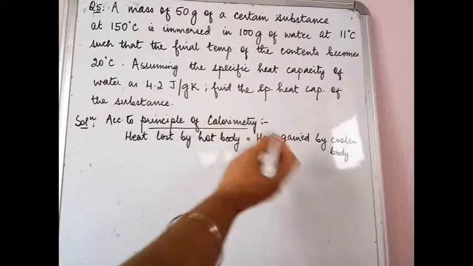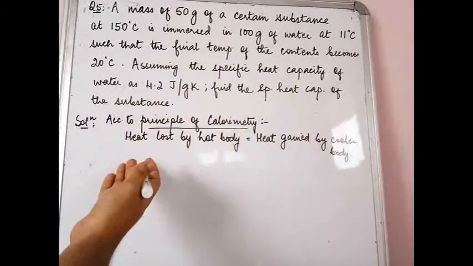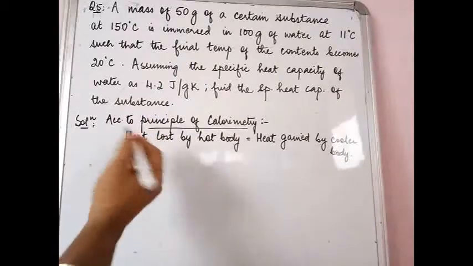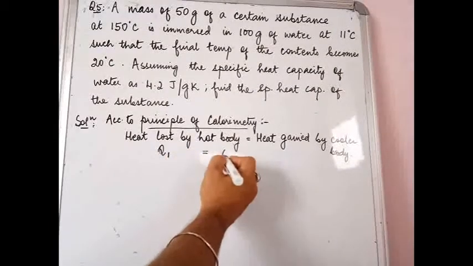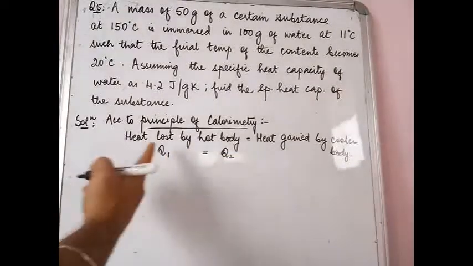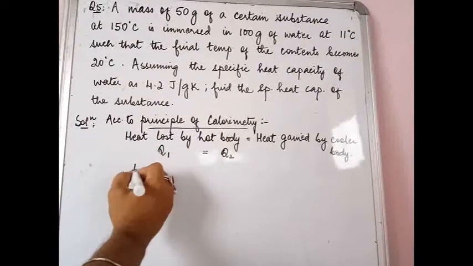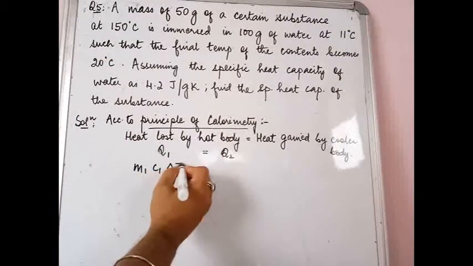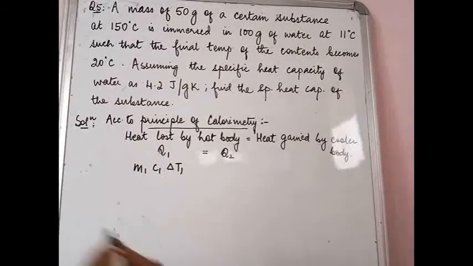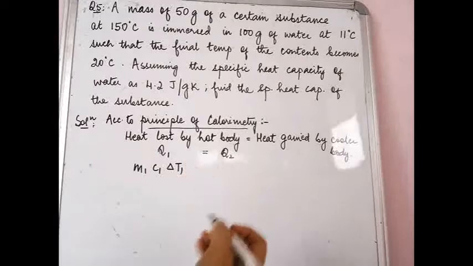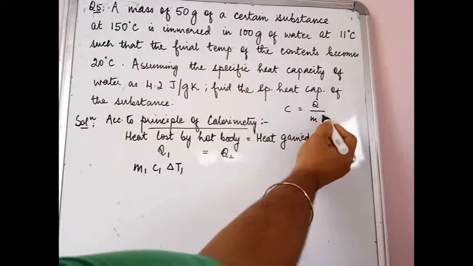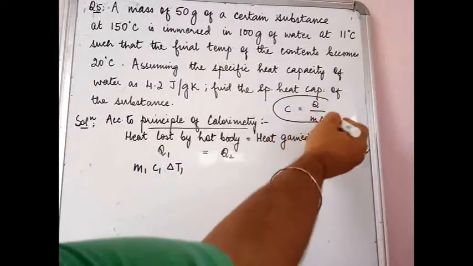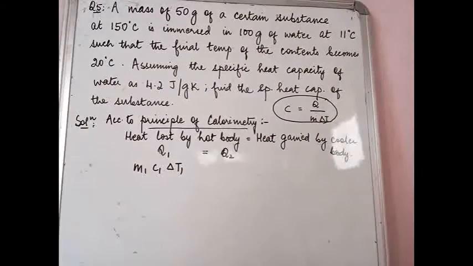Since on both sides we have heat lost on the left side and heat gained on the right side, and heat is nothing but Q, on the left hand side I am writing Q1, on the right hand side it will be Q2. Heat lost and heat gained. So the formula will be m1 c1 delta T1, because our Q formula is m c delta T. If you do not remember, I'll just list it down over here: c is equal to Q upon m delta T. I have written this formula at least 3 times in this lecture.